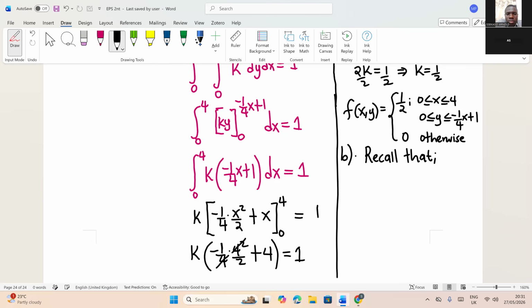For part B, recall that from properties of this continuous, we saw that the probability of x, y over a subset is the same as integrating over that subset f x y dx dy.